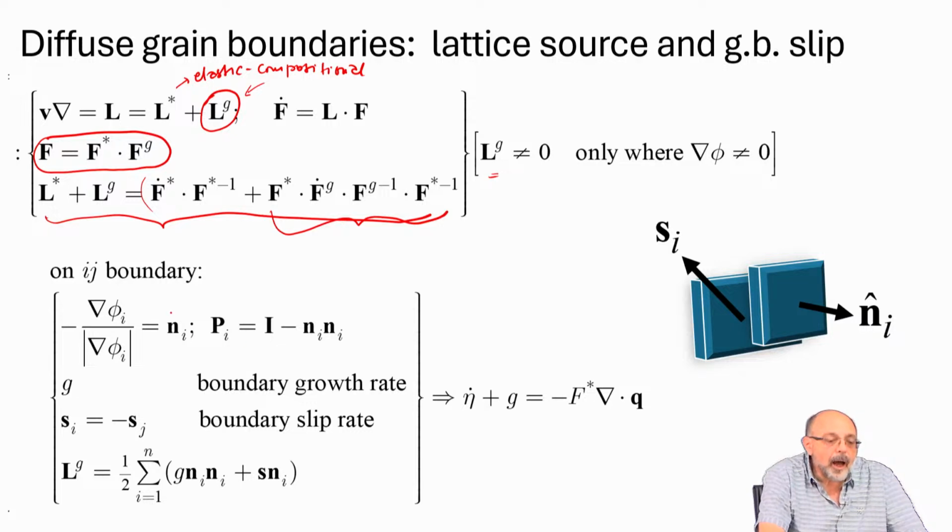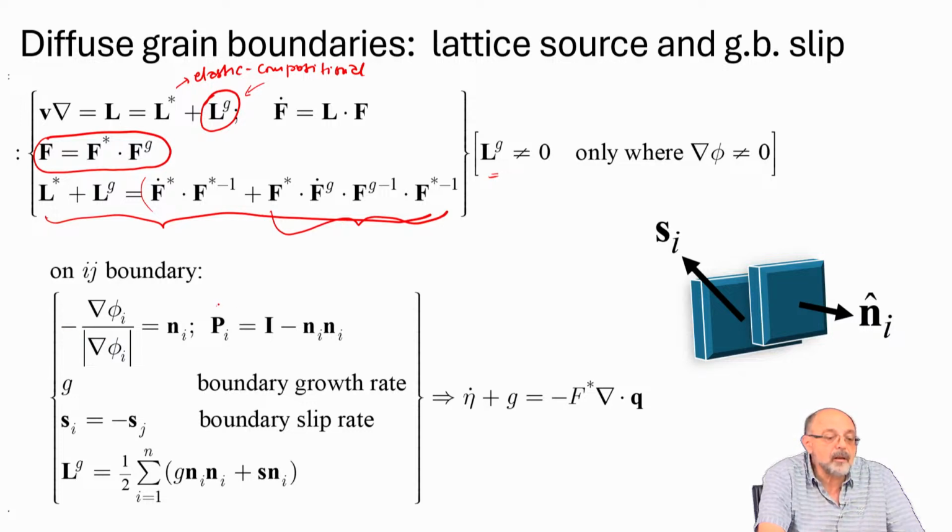So I can write my interface normal as a unit normal, gradient of phi divided by its absolute value, and I want it to be the outer normal to domain I. So phi is 1 in domain I, so its gradient will be pointing towards the domain, right? It's 0 outside the domain. So I'm putting a minus here, right?